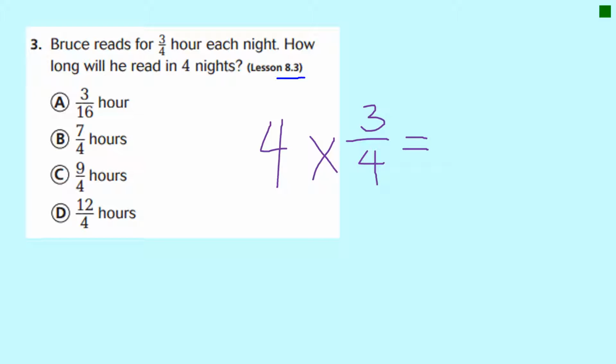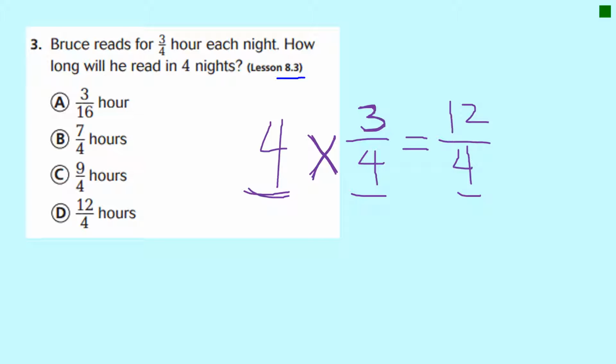Okay? So that's 4 sets of 3 parts of fourths. Okay, so 4 times these 3 pieces is 12 out of the 4 that make the whole, because that didn't change, did it? Okay, so Bruce read for 12/4 hours.